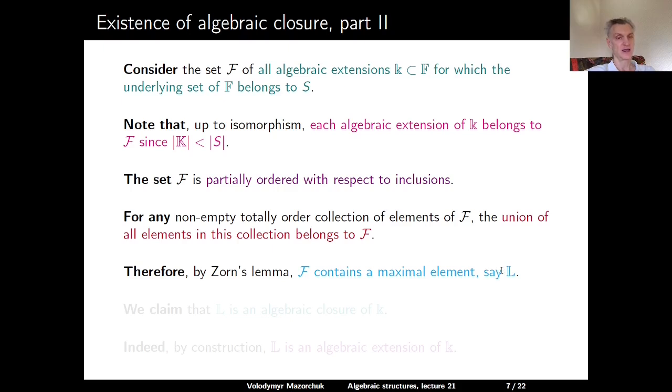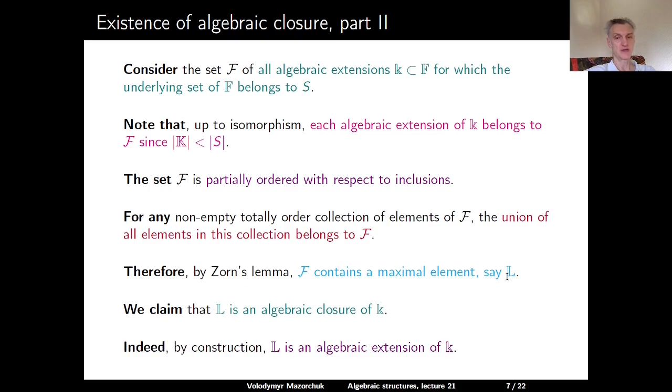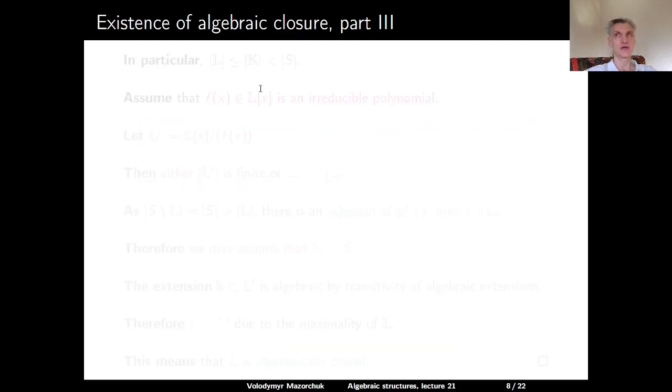Let's call it the field L. And we claim that this field L is an algebraic closure of K. So we see we used Zorn's lemma to deduce existence of this field. So now let's argue that L is an algebraic closure of K. By construction, L is an algebraic extension of K, because anything in F is an algebraic extension of K. So we only need to prove maximality.